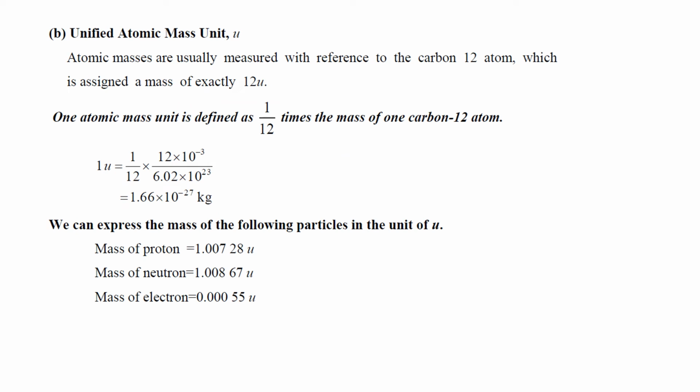Let's look at the unified atomic mass unit, which we call U. Atomic masses are usually measured with reference to the carbon-12 atom, which is assigned a mass of exactly 12 U. One atomic mass unit is defined as 1/12 times the mass of one carbon-12 atom.